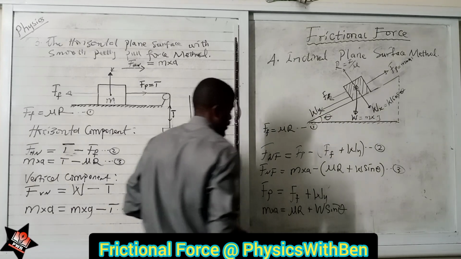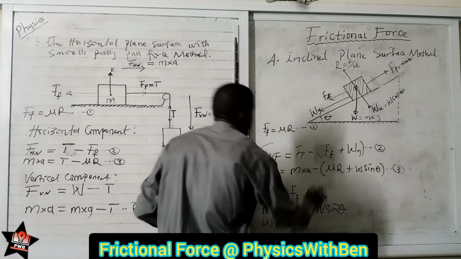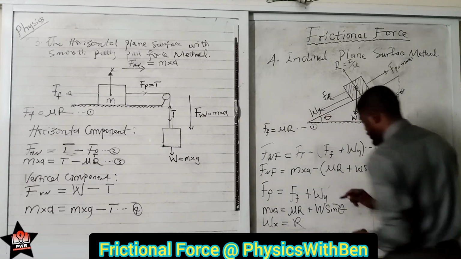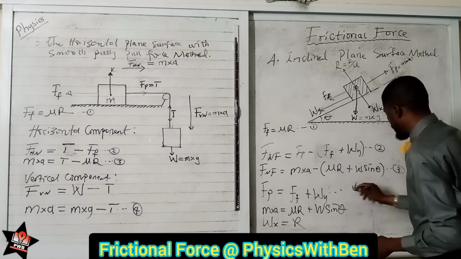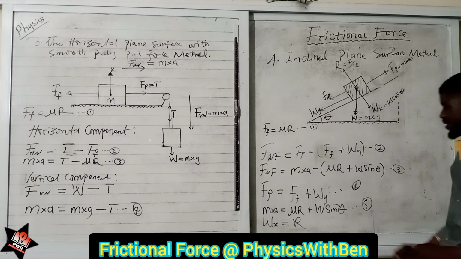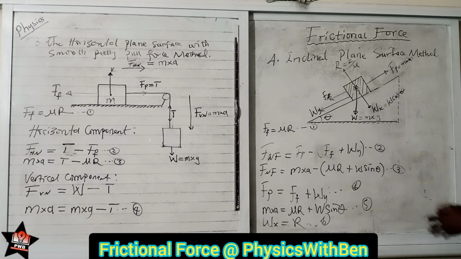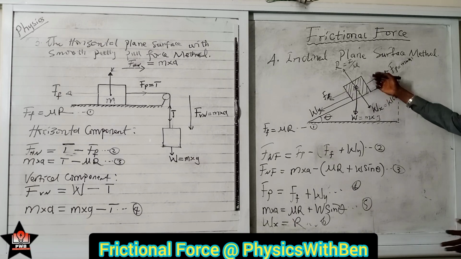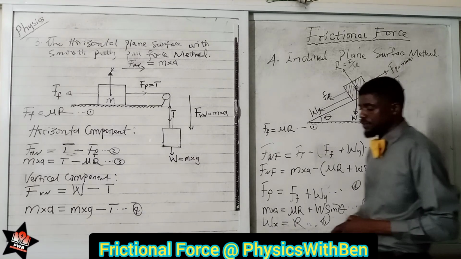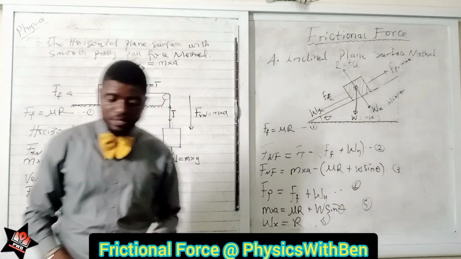Then we also write that Wx remains the same thing as your R. So you can call this your equation number 4, call this your equation number 5, and also call this your equation number 6. So this is what happens when the force pulls the object this way. We also use something like this to solve questions under simple machines, inclined plane.